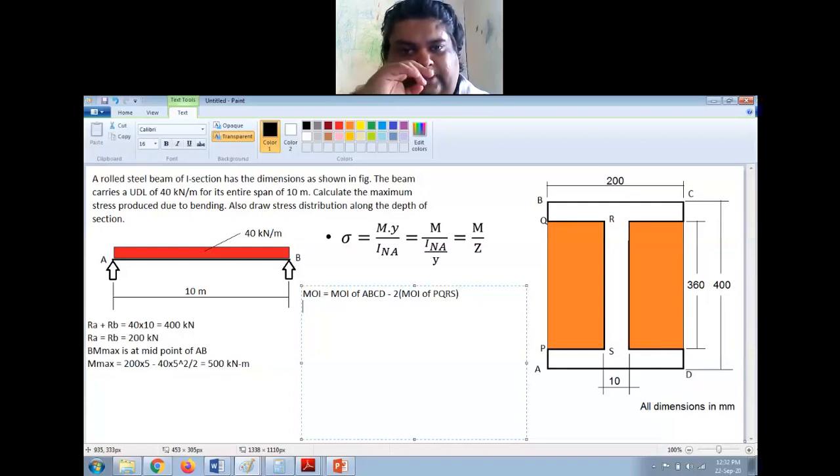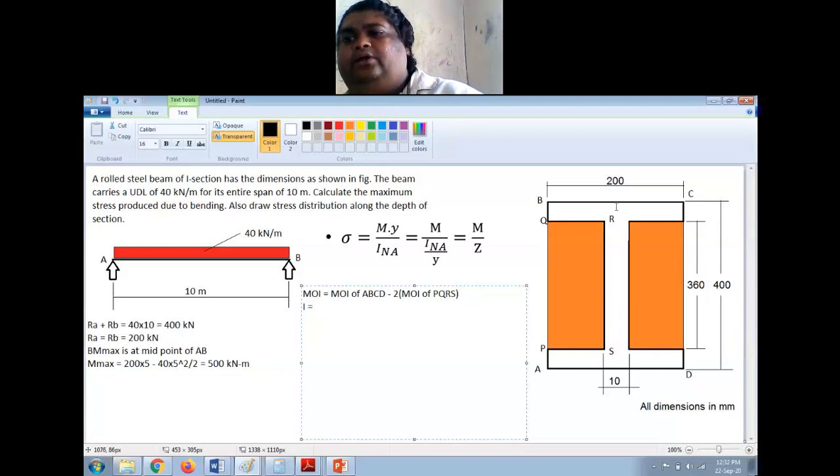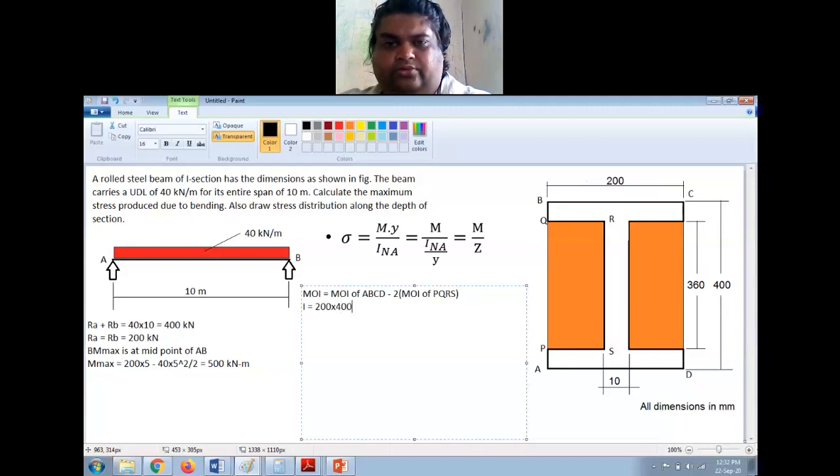Now let us do this. I is equal to moment of inertia of ABCD is b d cube by 12. Now what is b here? b is 200 and d is 400, right? So 200 into 400 cube by 12.